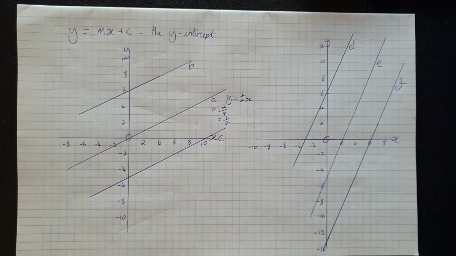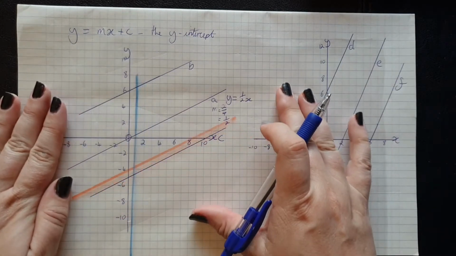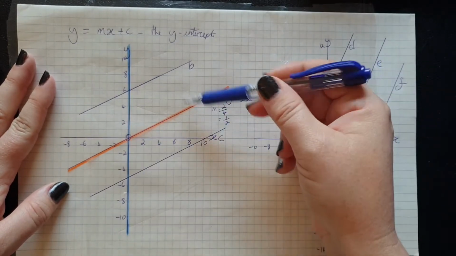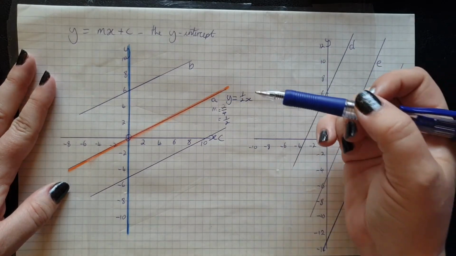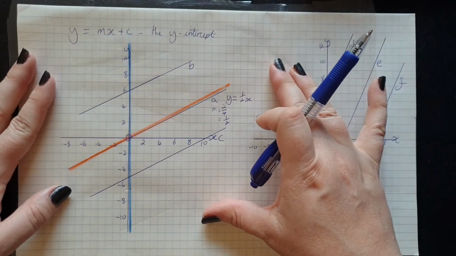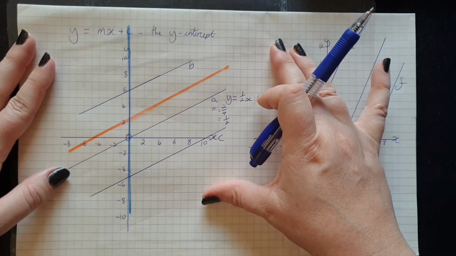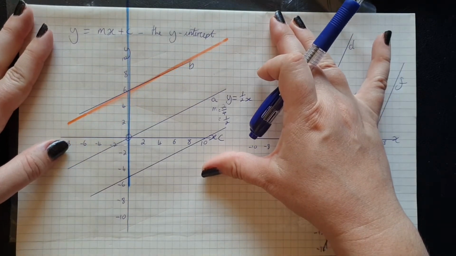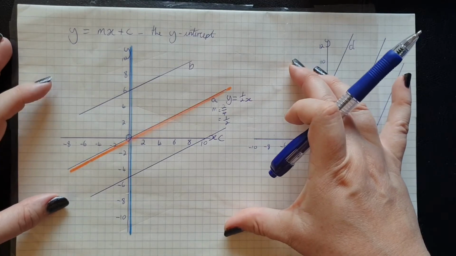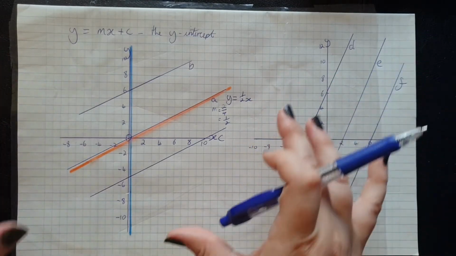Let's have a look at B. Because all the lines are parallel, and again last week you looked at the fact that when you have parallel straight lines, the gradient is the same. You can see by this diagram, follow it up, that these lines are parallel. But what have I done to this graph?